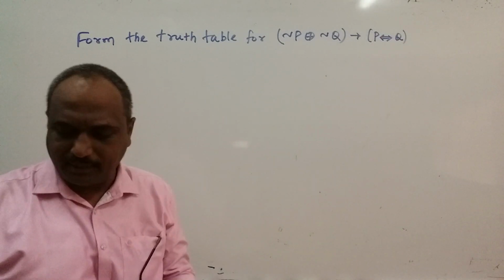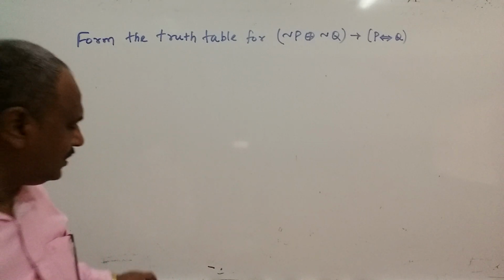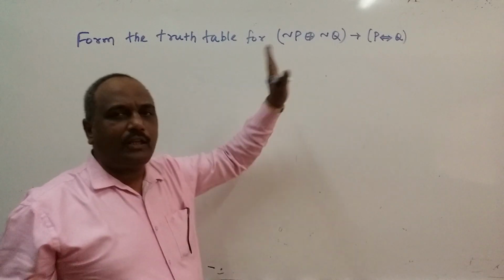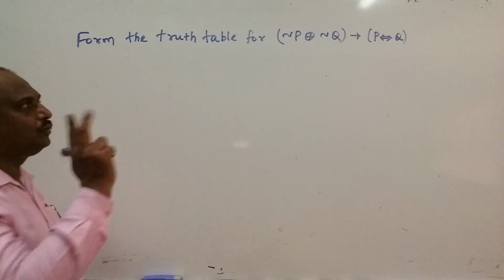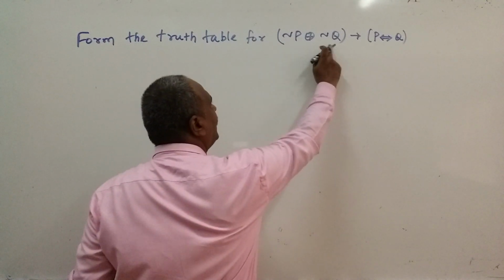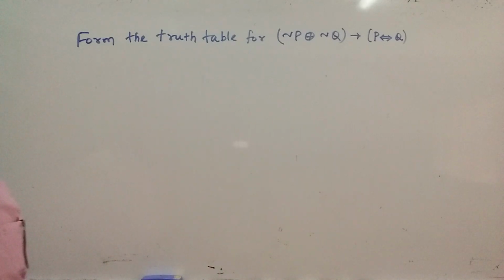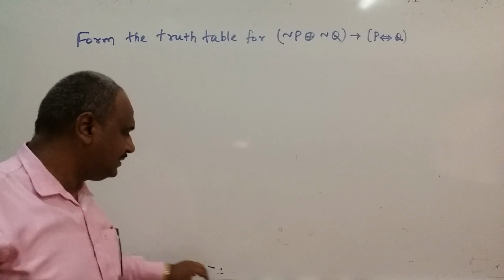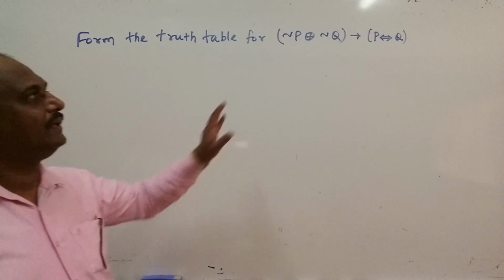Already we discussed many samples. Just I am going to discuss one idea. When you read this, you have to remember we have two statements, P and Q. We are going to define the truth values for the statements, and then find the result.